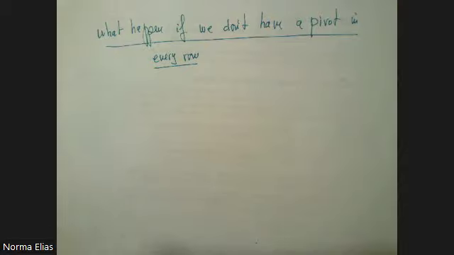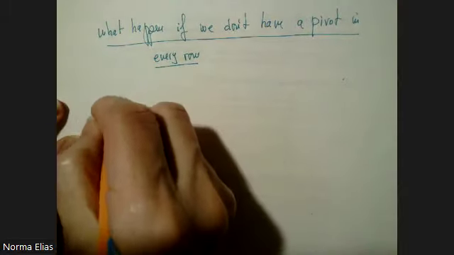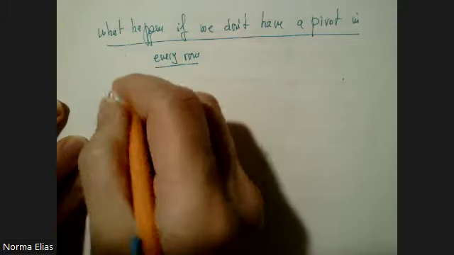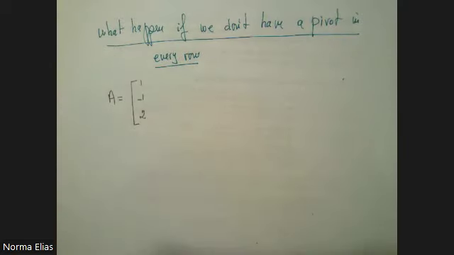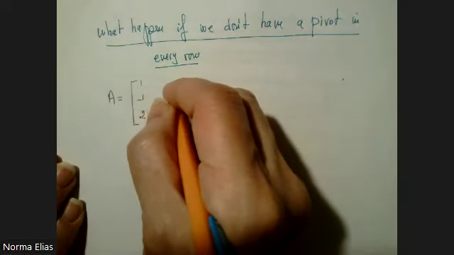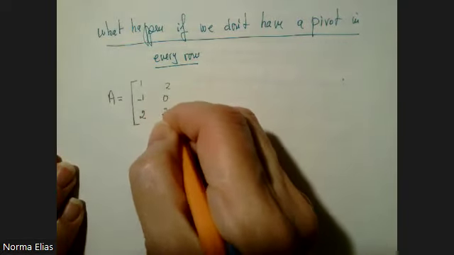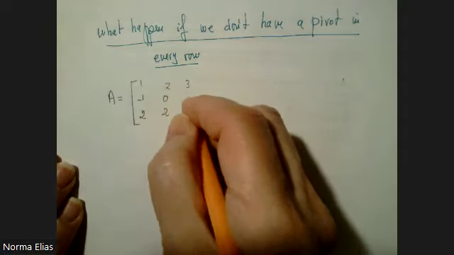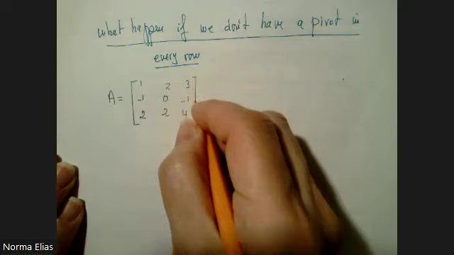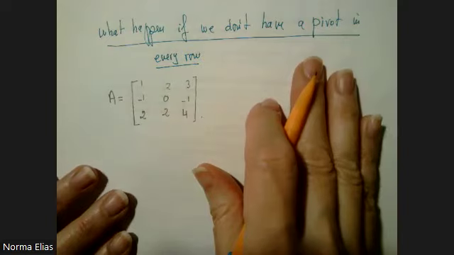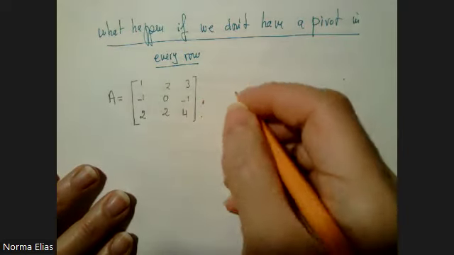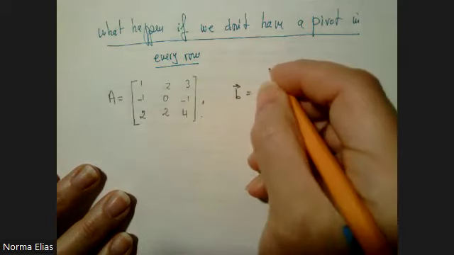So suppose I have the following matrix A, with rows 1, -1, 2 and 2, 0, 2 and -1 and 4. I usually take easy matrices. I'll explain the picture by an example. Okay, that's my matrix A. Let B be a vector with entries B1, B2, B3.